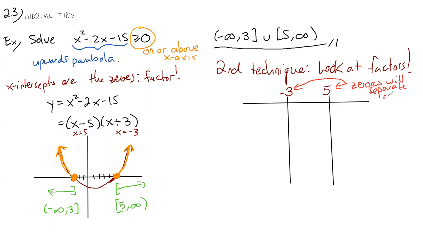So they're going to separate my columns. And what I'm also going to do is write them in increasing order. So they have to go left to right, basically. And then what I'm also going to do is list the factors along the side here. So x minus 5 and x plus 3.